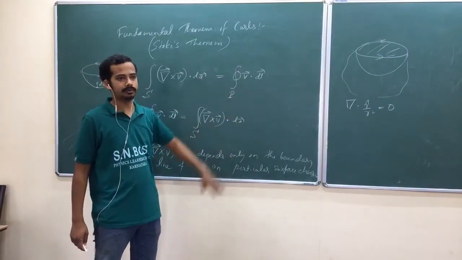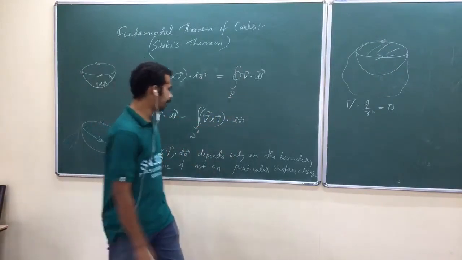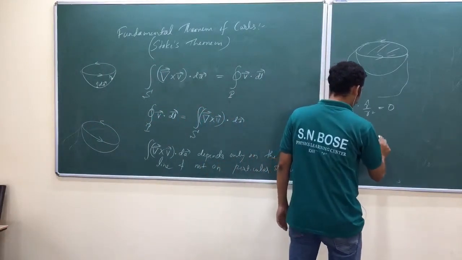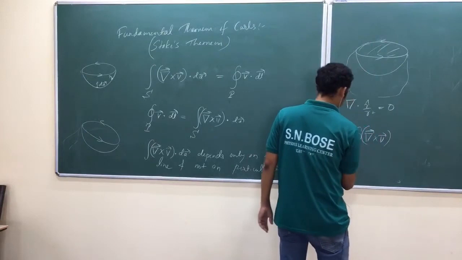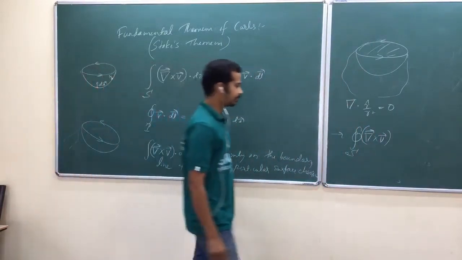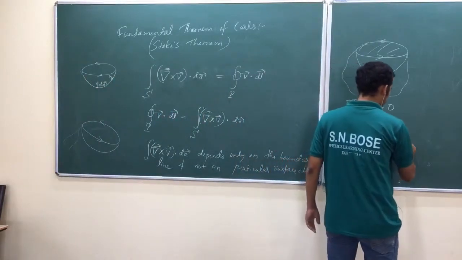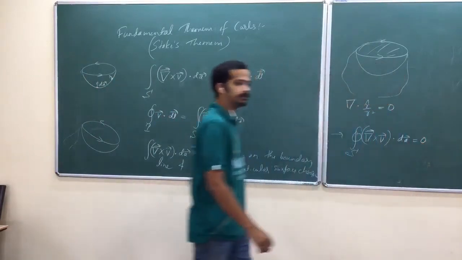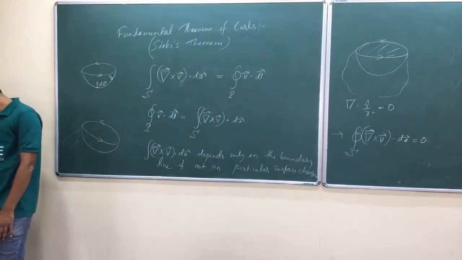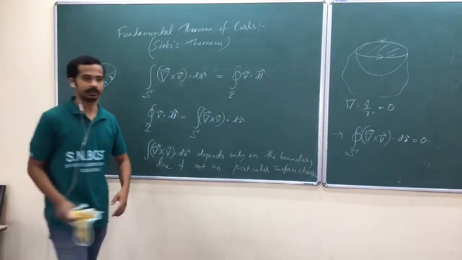That's why this part will be 0. Is that okay? The second part of the statement is that the closed surface integral of del cross v dot dS, for any surface, should be equal to 0.